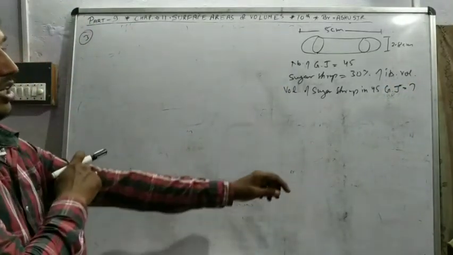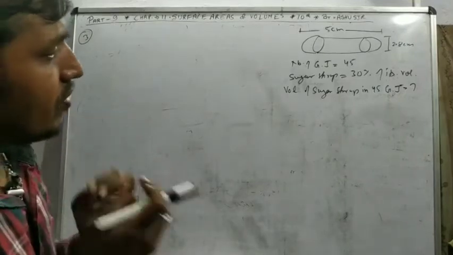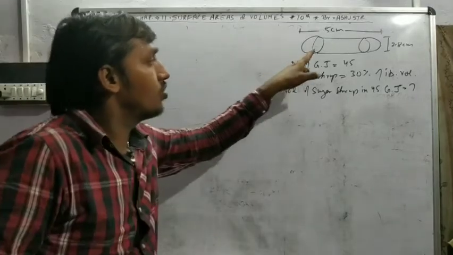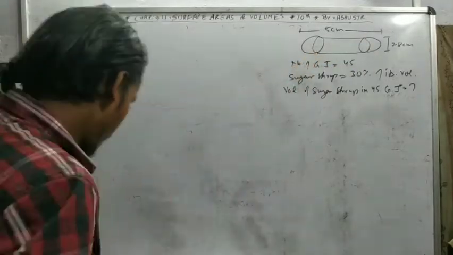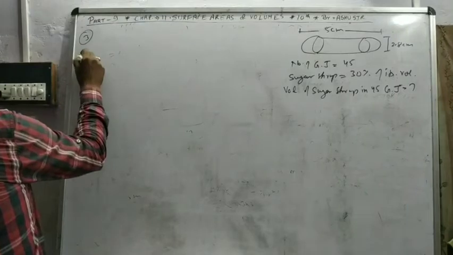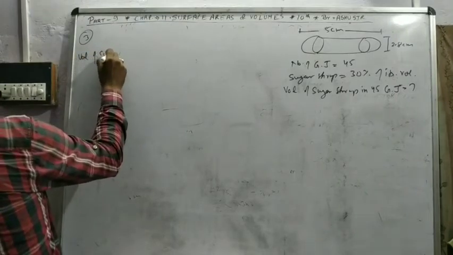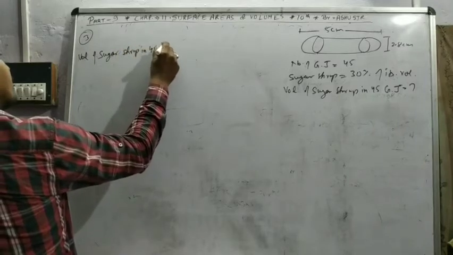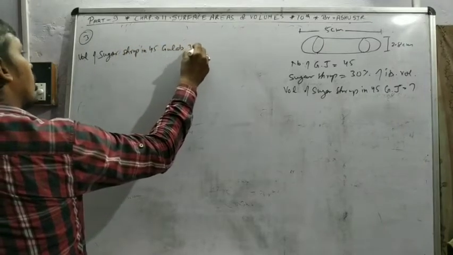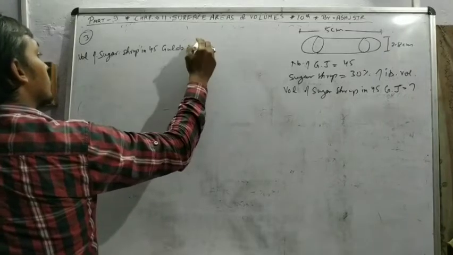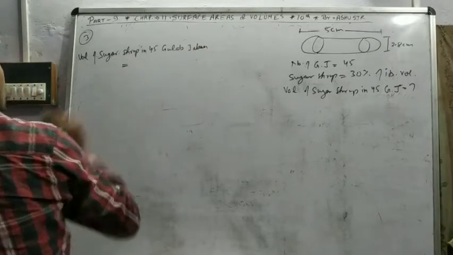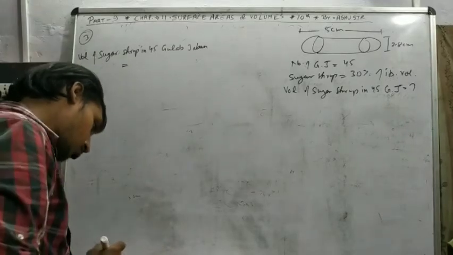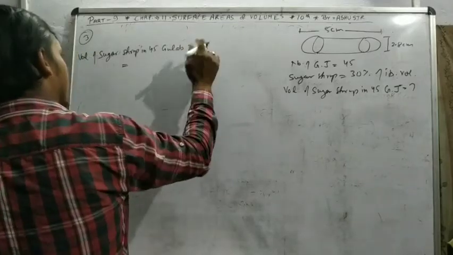In simple words, 30% sugar syrup means we want 30% of the whole volume, so the volume of sugar syrup in 45 gulab jamun is equal to 30% of the volume of the gulab jamun, okay.